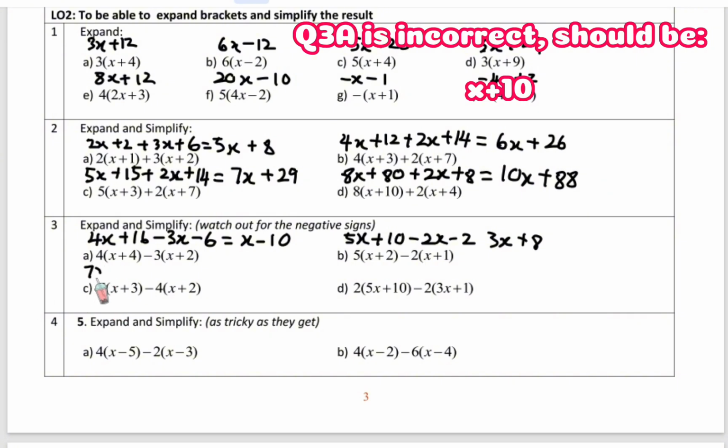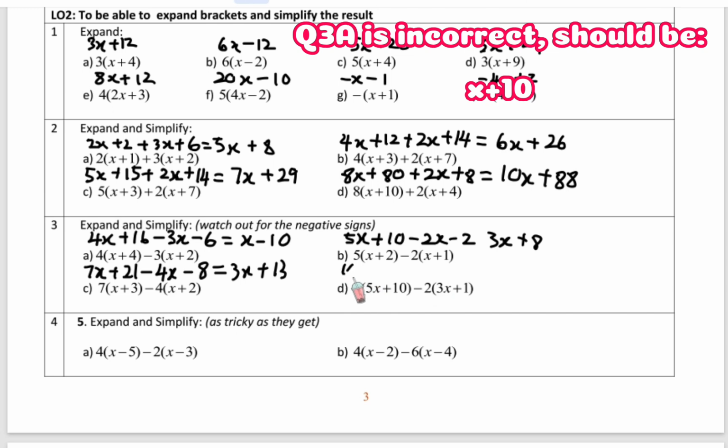For C, it's 7x plus 21 minus 4x minus 8. So this will be 3x plus 13.